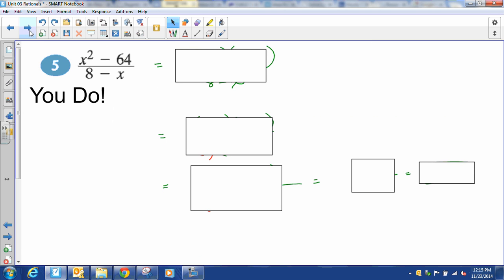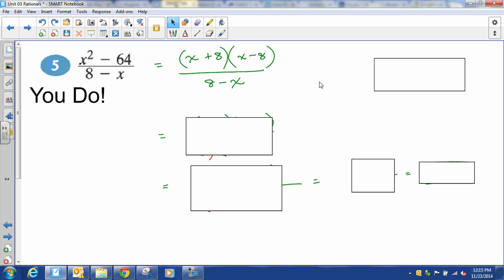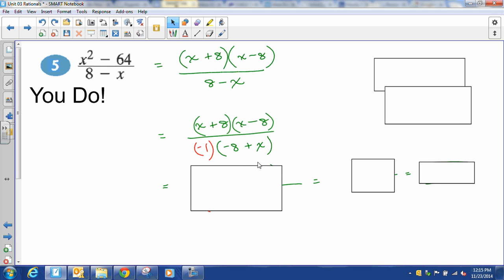Okay, so why don't you try number 5? In this example, we have a difference of perfect squares, so we factor. And the denominator looks like it's in opposite order, because this is an opposite factor. The 8 is positive here, it's negative there, and here the x is negative, but there it's positive. So what do we do? We factor out the negative 1.